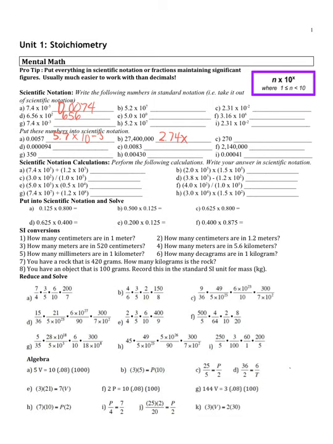So times 10 to the power of 7. You'll notice it's 7 places from this decimal, which is invisible at the end, all the way to here, so 7 powers, 10 to the 7th power.